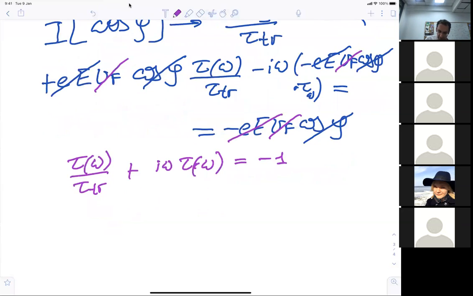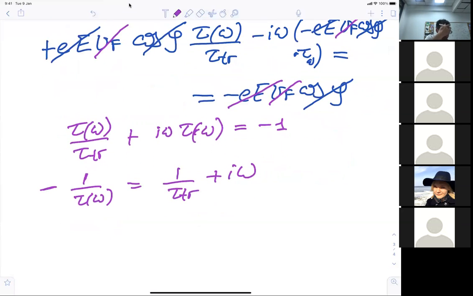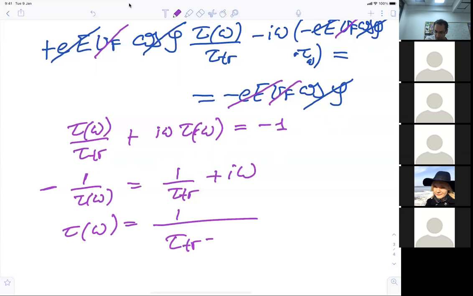So it means that 1 over tau of omega is equal to 1 over tau transport plus I omega.